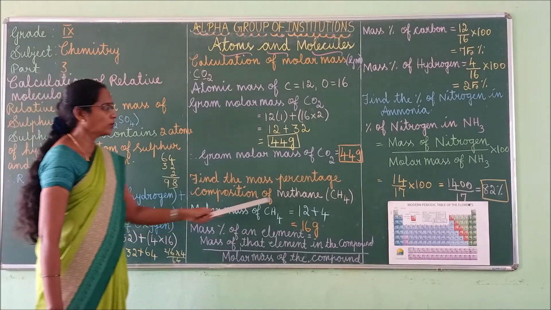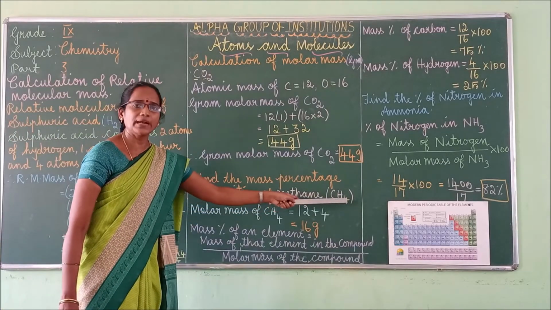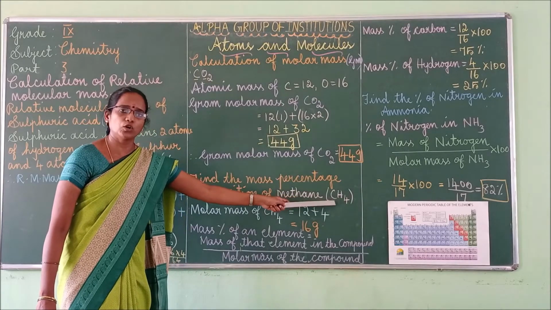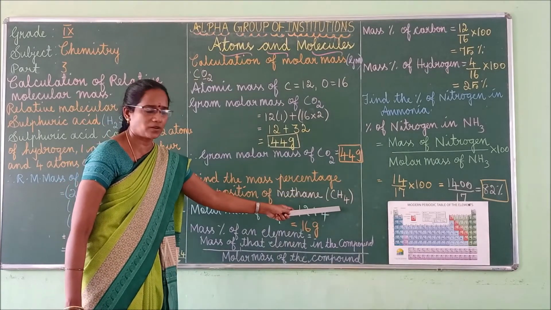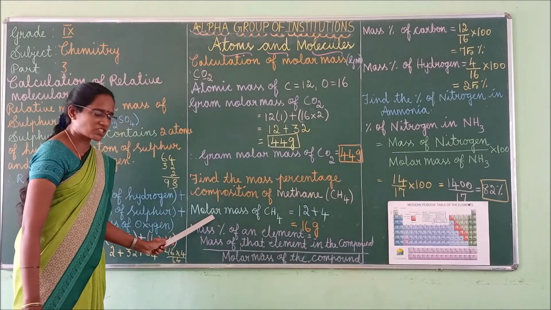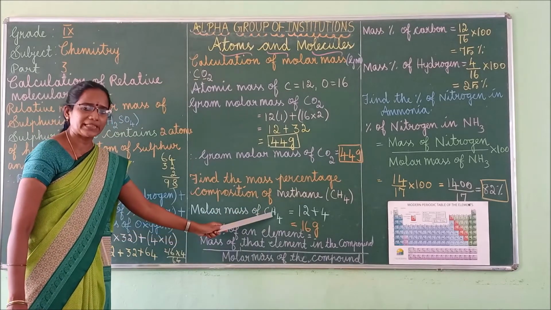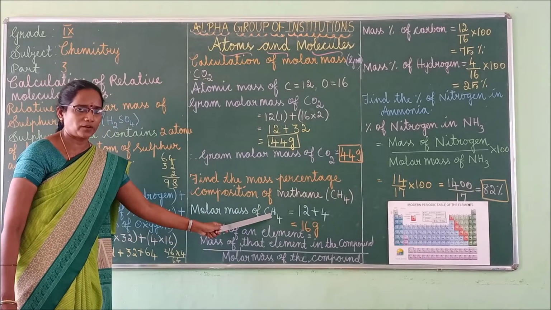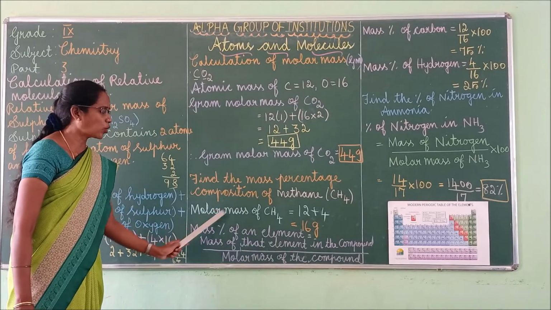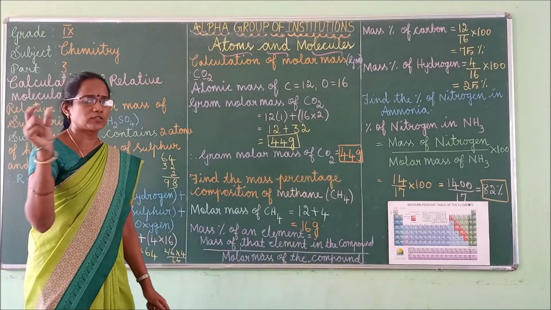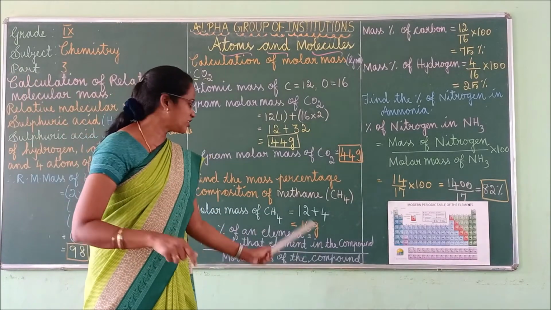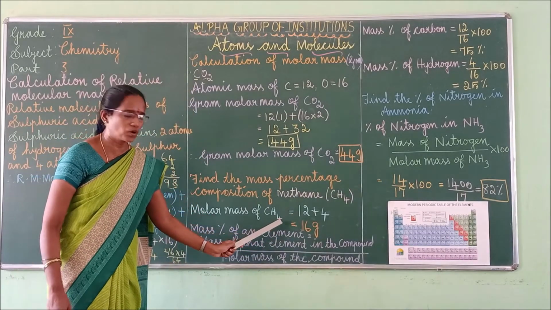For that, you should know the atomic mass of carbon as well as the atomic mass of hydrogen. Okay. So first step, molar mass of methane. CH4 means methane. Okay. You write in full form, molar mass of methane, in words. In the bracket you mention the formula CH4. Okay.